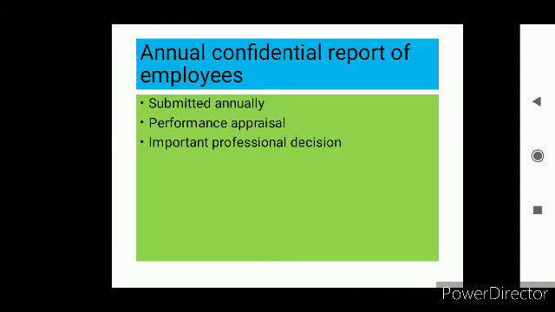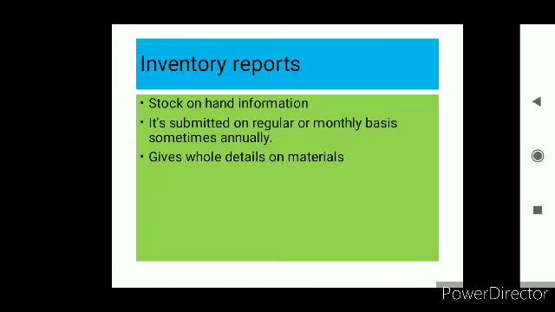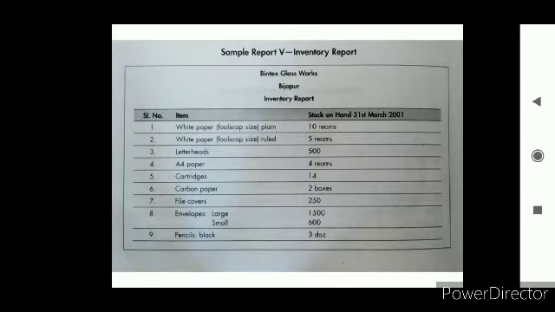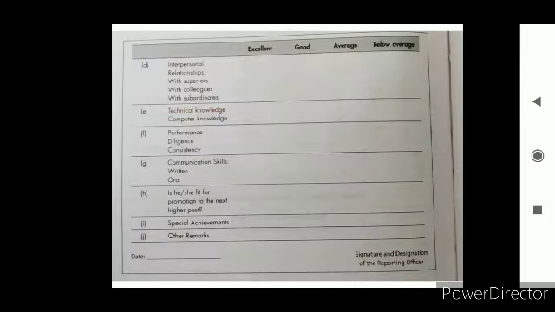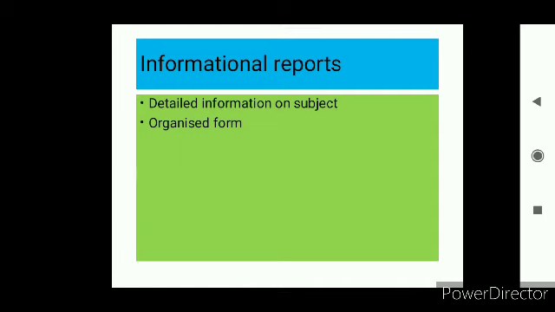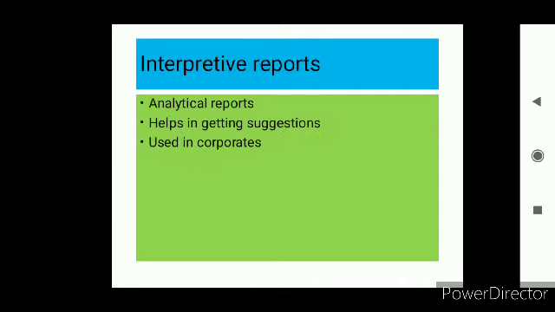This annual confidential report, laboratory reports, inventory reports, and progress reports are part of routine reports, because we know that formal reports are of three types: routine reports, which we studied in several types, then the informational report, which I told you about now, that is to give information, and the next is the interpretive report. So there are totally three types of formal report: routine, informational, and interpretive. This is the third type which we are studying now.